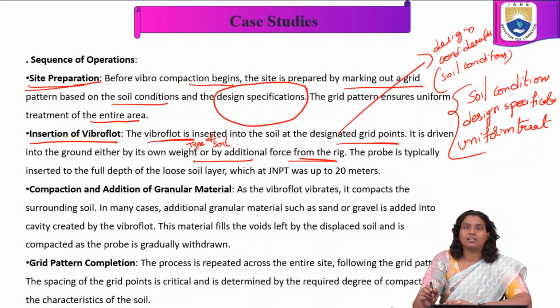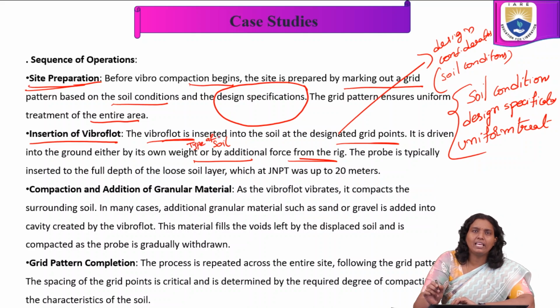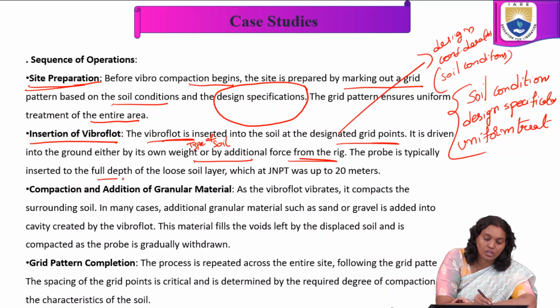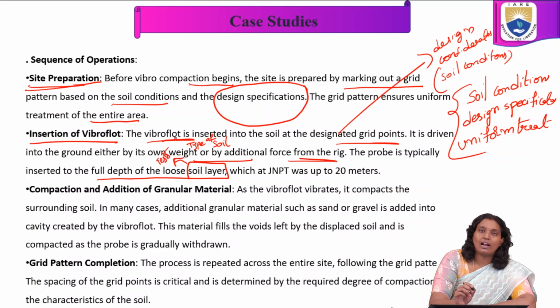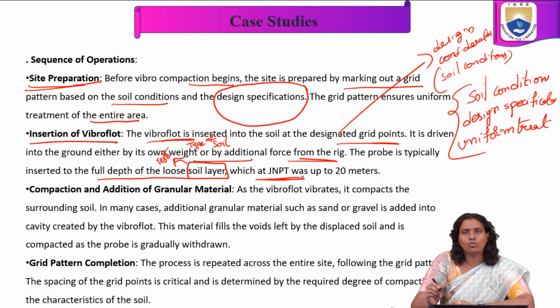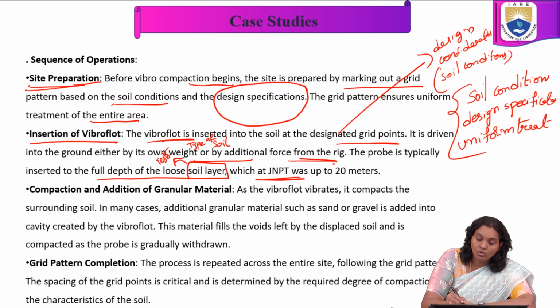The probe is typically inserted to the full depth of the loose soil layer. How deep the loose soil layer is, we identify based on tests. In this particular case study, Jawaharlal Nehru Port Trust, Mumbai, it was up to 20 meters.